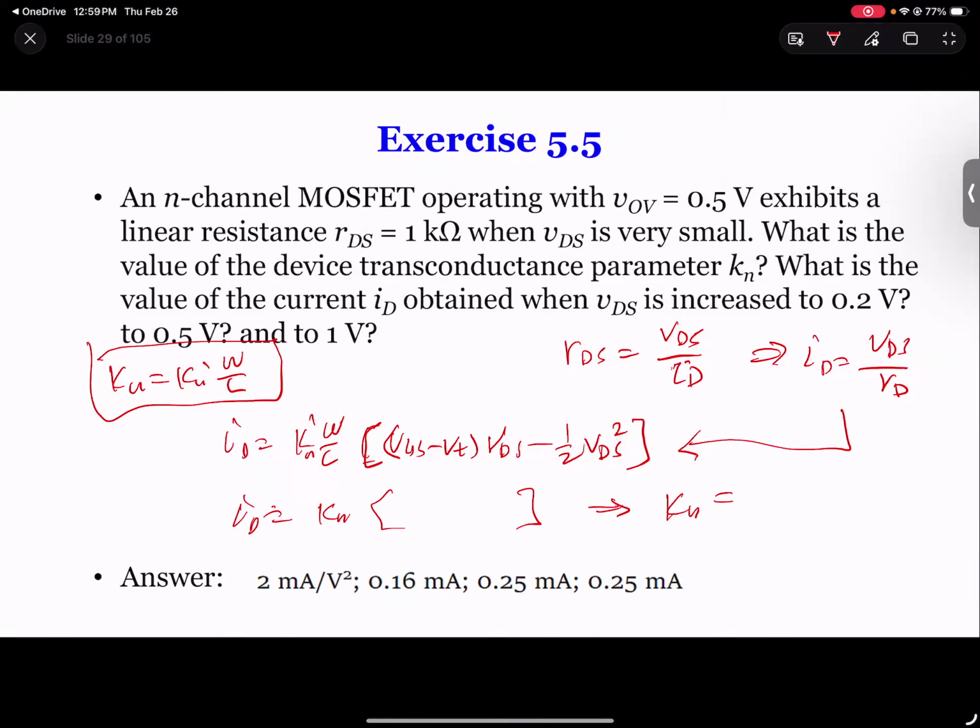Now, of course, in here they want to ask you, if VDS is increased to 0.2, how much is ID? And how about 0.5? How about 1? You can use this triode equation to get all the currents, but you have to verify. If it's not correct, you switch over to the saturation equation so that you get the correct value.